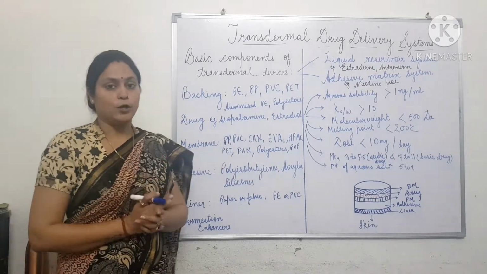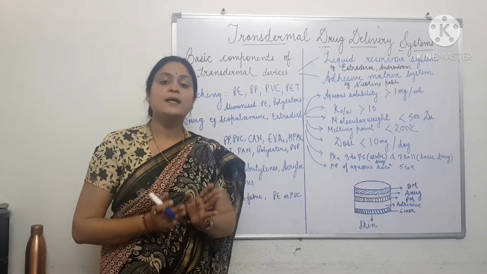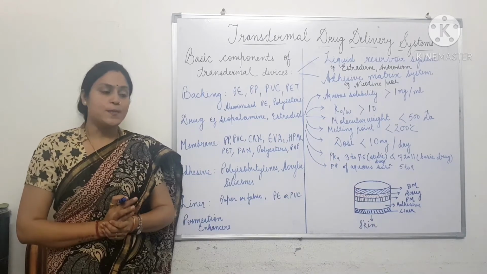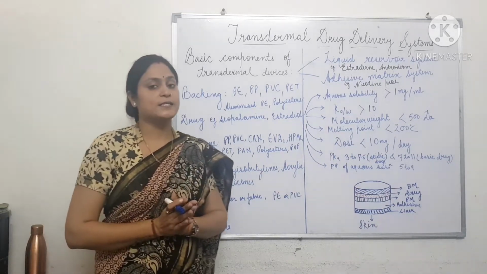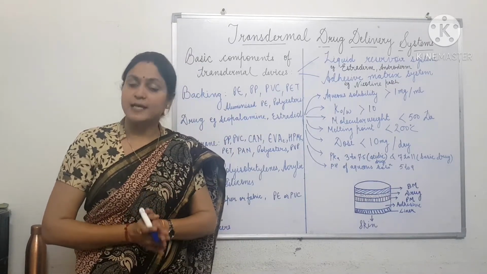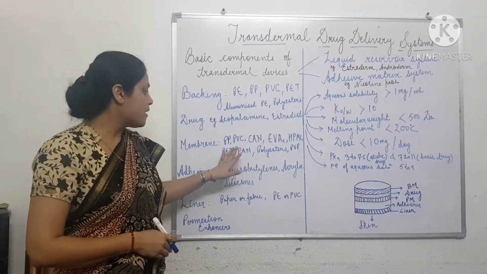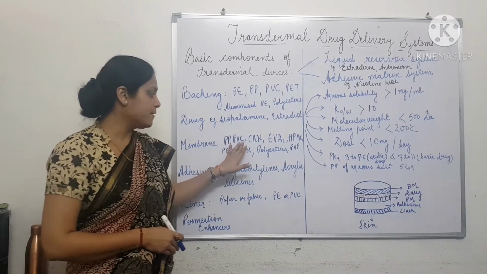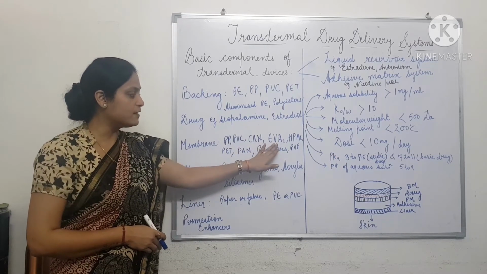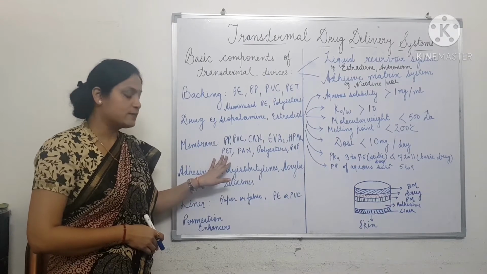Various polymers used in the preparation of transdermal patches could be natural polymers such as gelatin, zein, shellac, or cellulose derivatives such as HPMC, hydroxypropyl methyl cellulose, or synthetic polymers such as polypropylene, polyvinyl chloride, cellulose acetate nitrate, ethylene vinyl acetate copolymer, then polyethylene terephthalate.